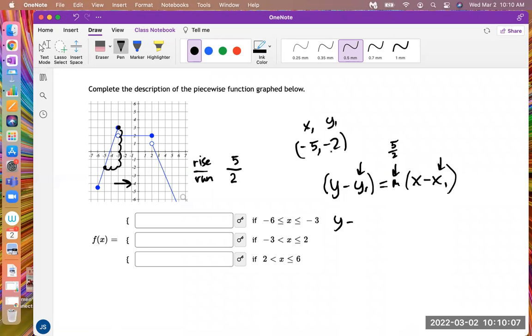Now we have to be very careful. A common error here is people forget that we need to keep the negative sign because it's part of the formula. And we also need to keep the negative sign if there is a negative sign in front of the number. Currently our y1 is a -2. So we need to put that in parentheses and keep it negative. So be very careful here.